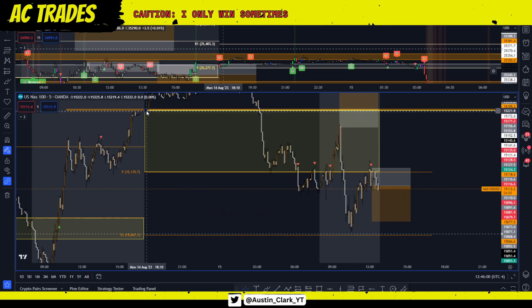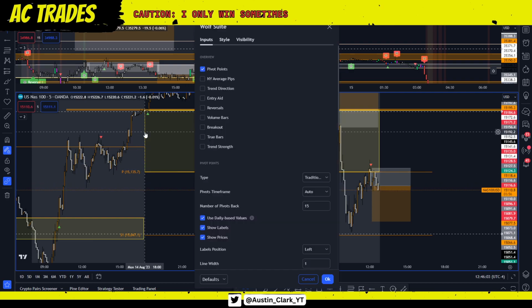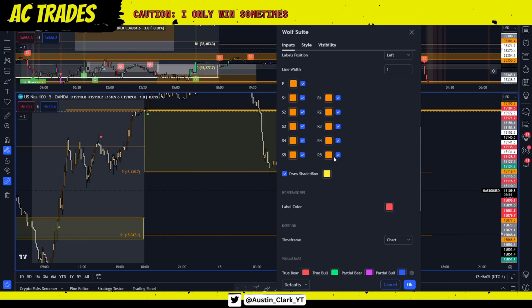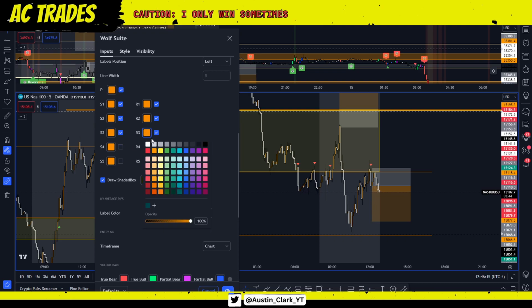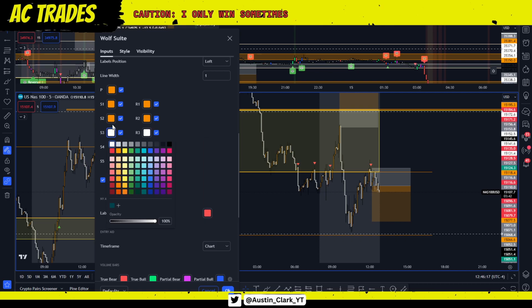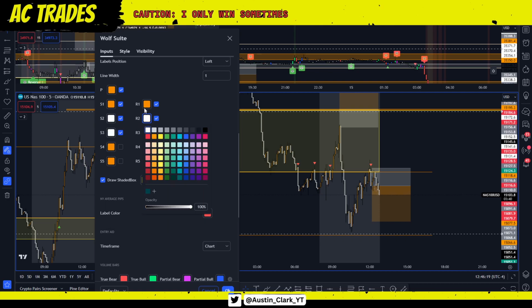It's the New York session closing price and the P line. It draws that box for you. If you double click here, you can change the color. As you guys know, I like to make my box yellow, and then I'll turn off R4, R5, S4, S5, and I'll make the pivot lines white so I don't confuse them with my overall zone.